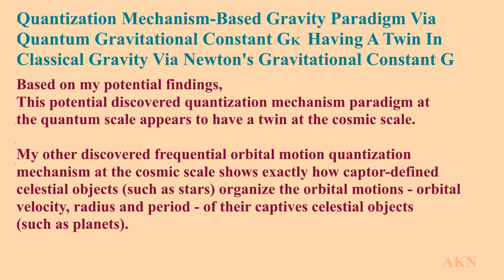Based on my potential findings, this potential discovered quantum gravitational constant-based quantization mechanism paradigm at the quantum scale appears to have a trend at the cosmic scale. This is because my previous discovered frequential orbital motion quantization mechanism at the cosmic scale shows exactly how capital-defined celestial objects, such as stars, organize the orbital motions, such as orbital velocity, radius, and period, of their captive celestial objects, such as planets.